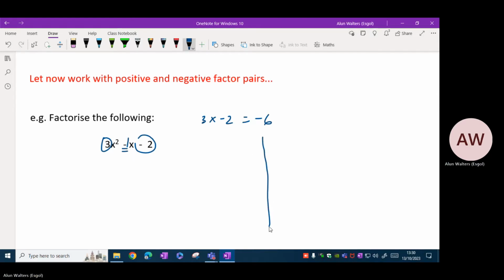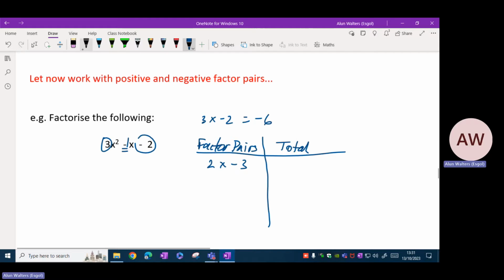So I'm going to draw this out. The factor pairs and the total. So the factor pairs of minus 6 are 2 times minus 3. In actual fact, I won't start off with that one because that is the solution. I'll say 1 times minus 6 and then minus 1 times 6.